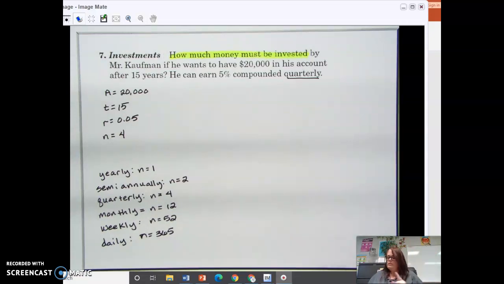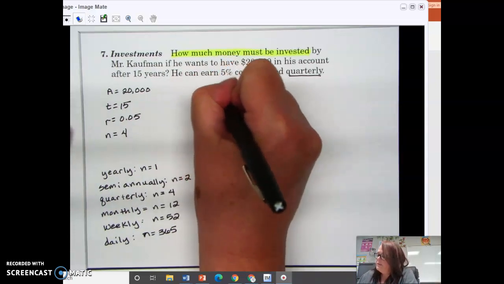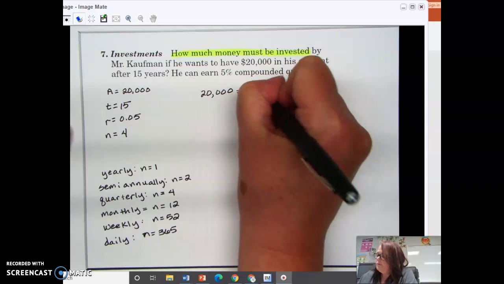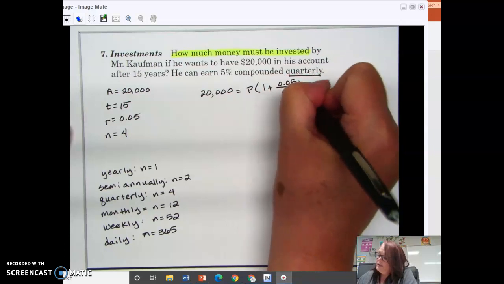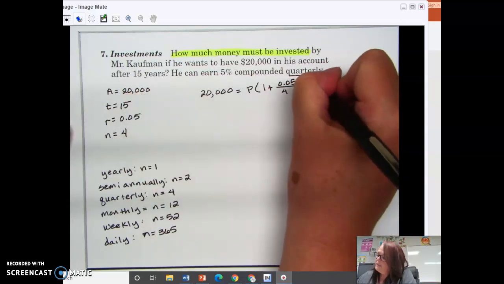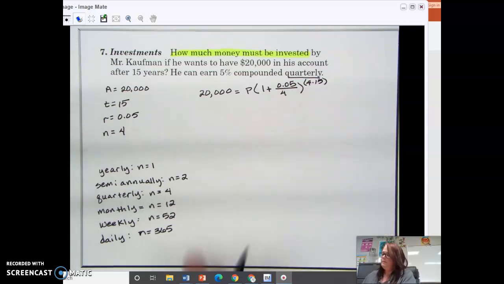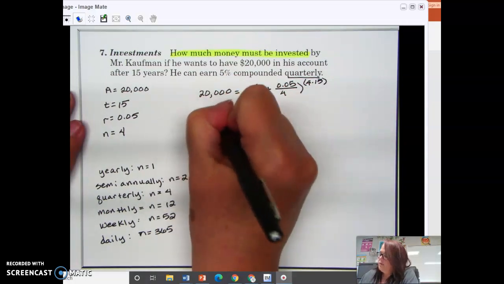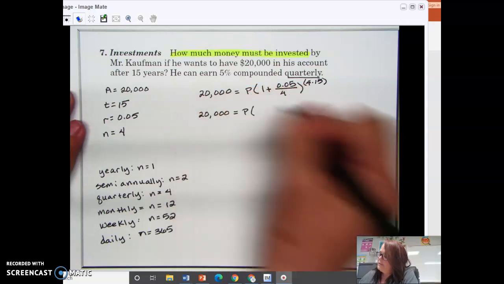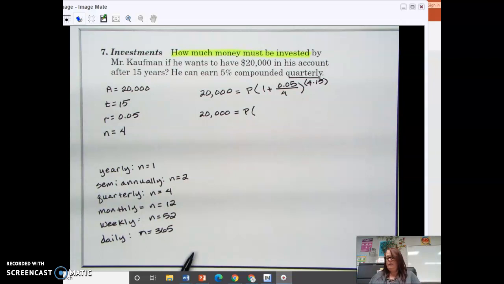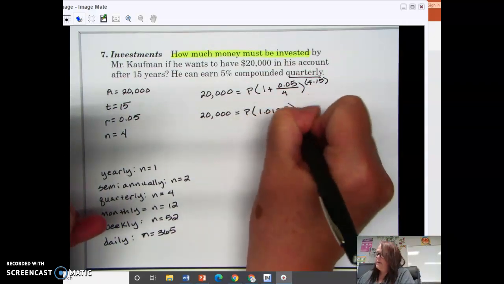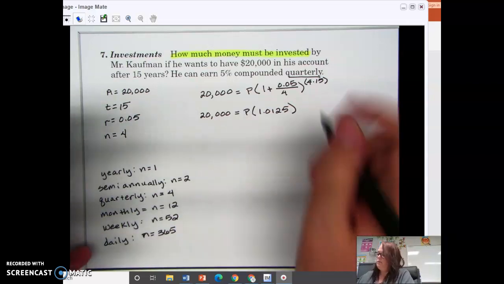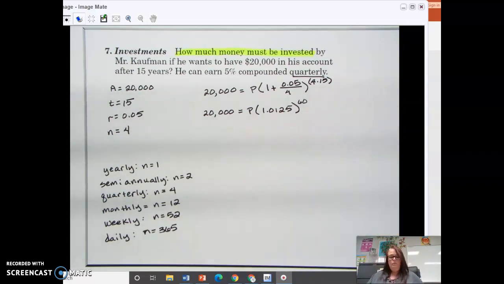So if I plug this in, I've got 20,000 is equal to my principal times 1 plus 0.05, my rate, divided by 4 to the power of 4 times 15. So I'm not going to round yet. And so if I figure out what's inside, I've got 1 plus 0.05 divided by 4 gives me exactly 1.0125. And then my power is 4 times 15, which is 60. And I don't want to round that just yet.